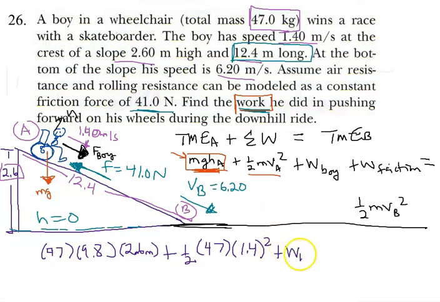Plus, we want to know what additional work he did. Plus FD cosine theta for friction equals 1/2 47 times, dang, I still run out of space, 6.2 squared.